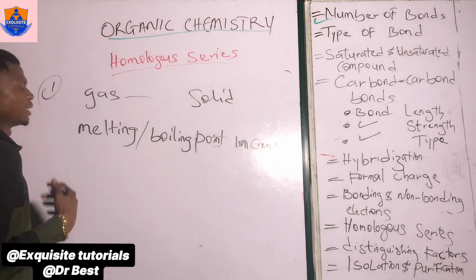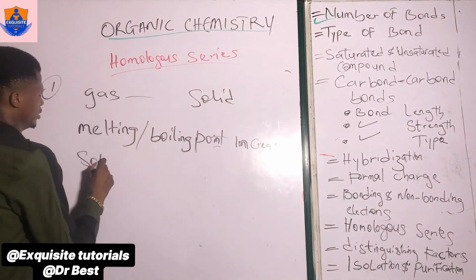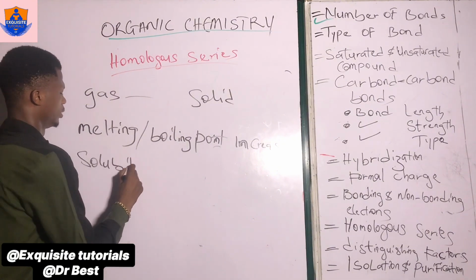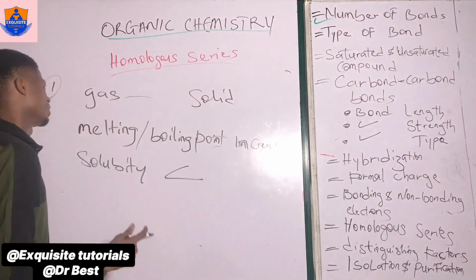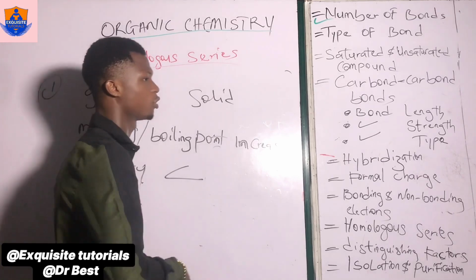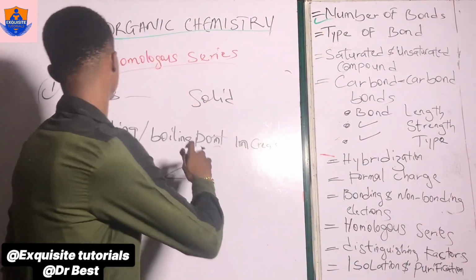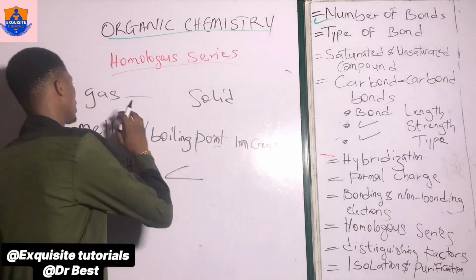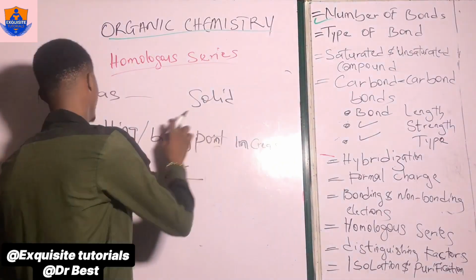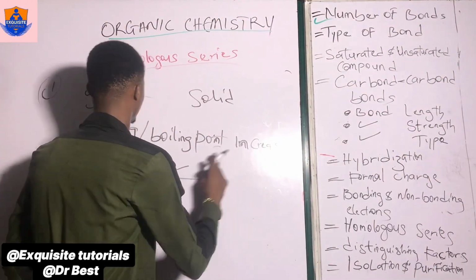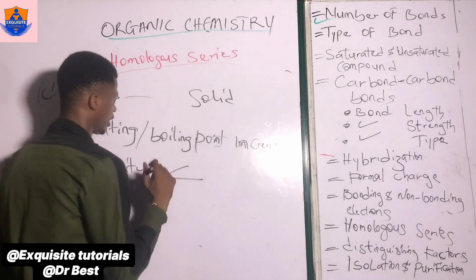The other thing is that solubility decreases. So when you are going down any homologous series, solubility decreases. Remember, they become more condensed, moving from gas, liquid to solid. Melting point and boiling point increase. Solubility in water decreases.